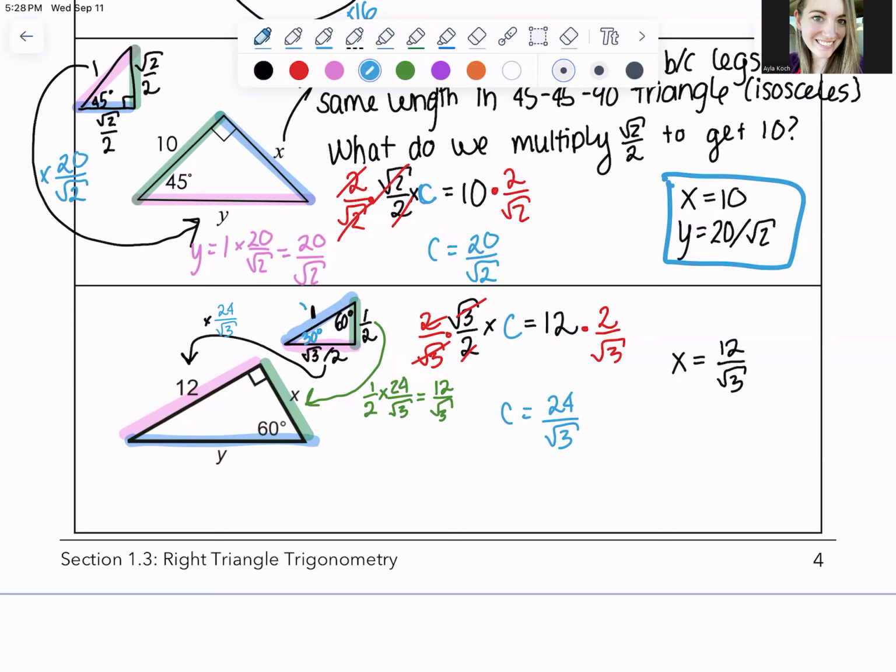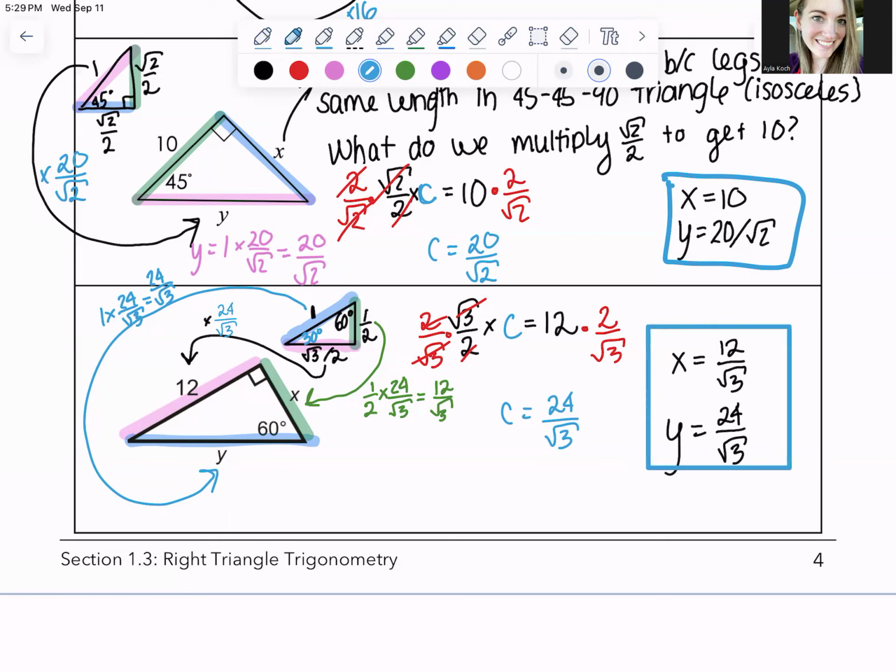And then from 1 to y, we're taking 1 and multiplying by 24 over radical 3. And that is, of course, 24 over radical 3. So y is equal to 24 over radical 3. And that's that. So it's just kind of paying close attention to what you're doing and knowing those special triangles.